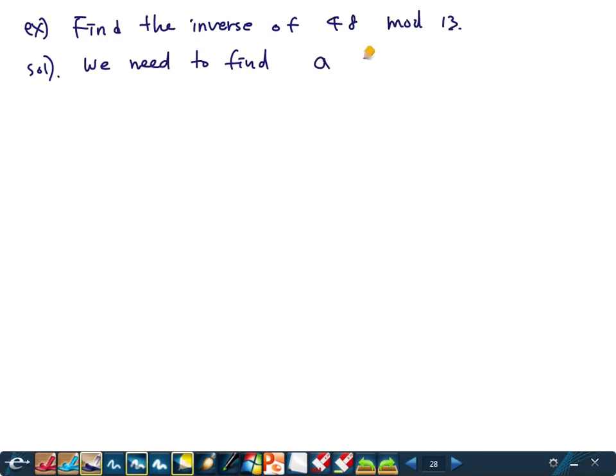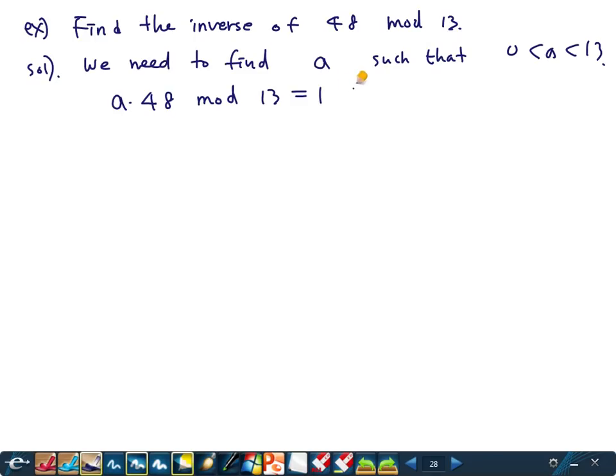An integer a such that a times 48 mod 13 equals 1, right? This is the definition. But of course, we must have this. But let's focus on this first.